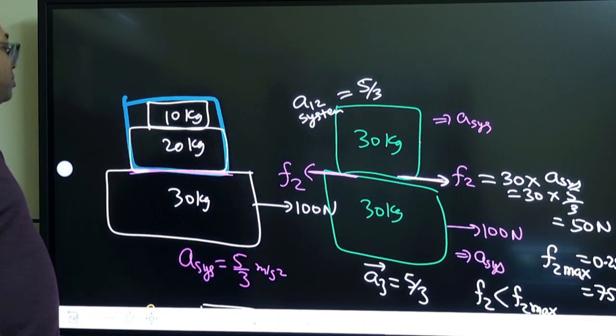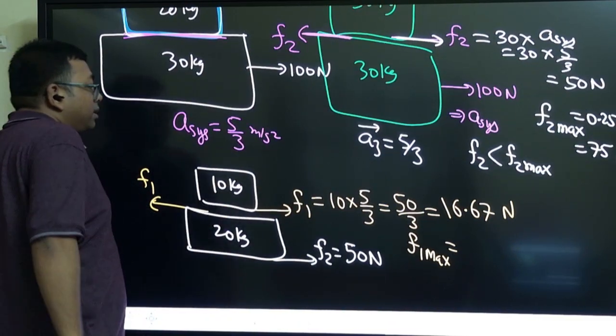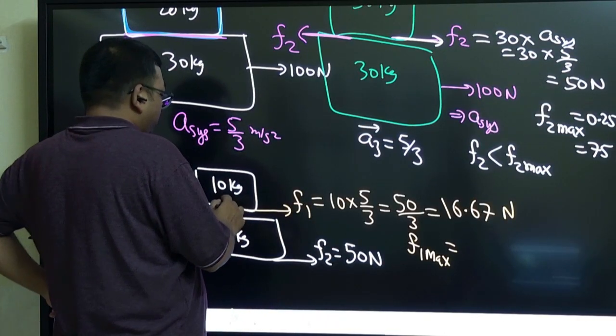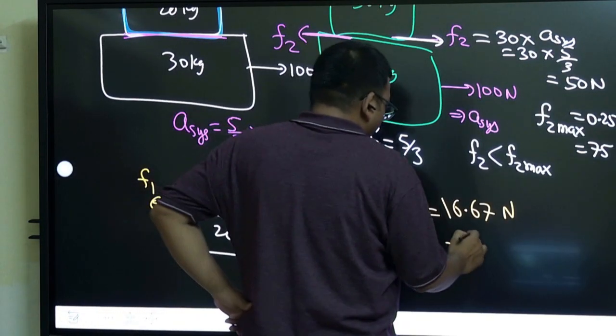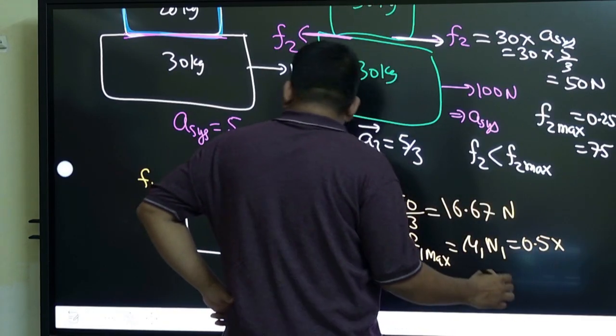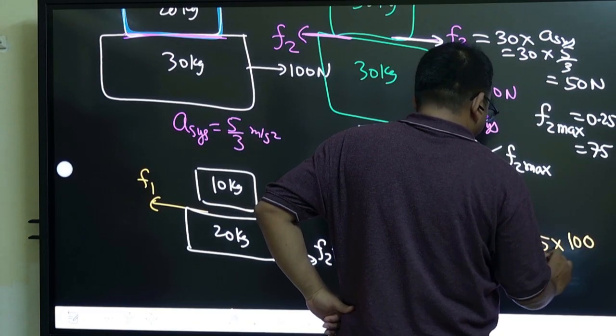That we will calculate individually. Now we are calculating A1, A2, we will calculate. So what is F1 max? Here mu1 into normal one. So mu1 is 0.5 and normal is for the upper block, that means 10 g, that means 100, so that is 50 Newton.